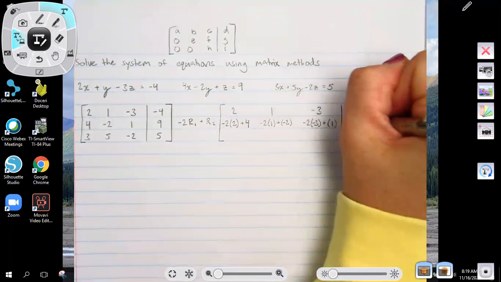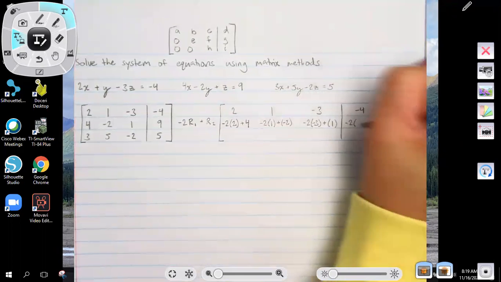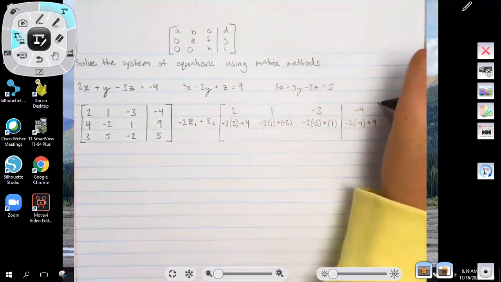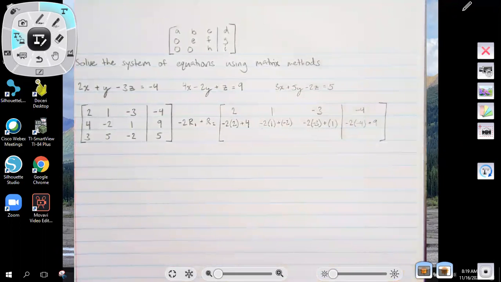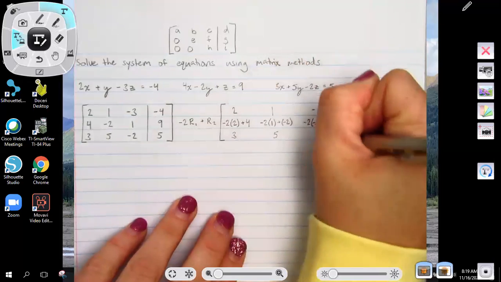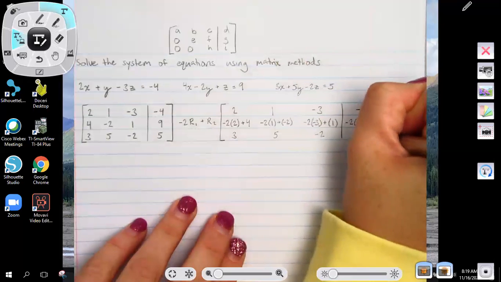And the last spot, -2 times row 1, which is -4, plus row 2, which is 9. And then our third row is staying the same for now, 3, 5, -2, 5.